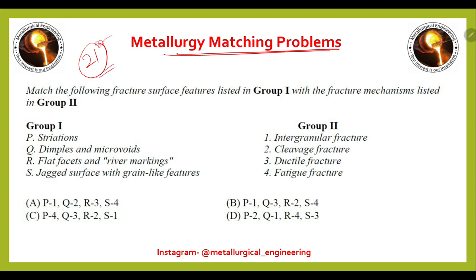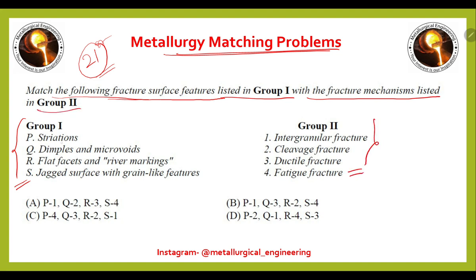In this matching problem, match the following fracture surface features listed in group first with the fracture mechanism listed in group 2. So these are the fracture mechanisms. Striations are especially found in fatigue fracture.